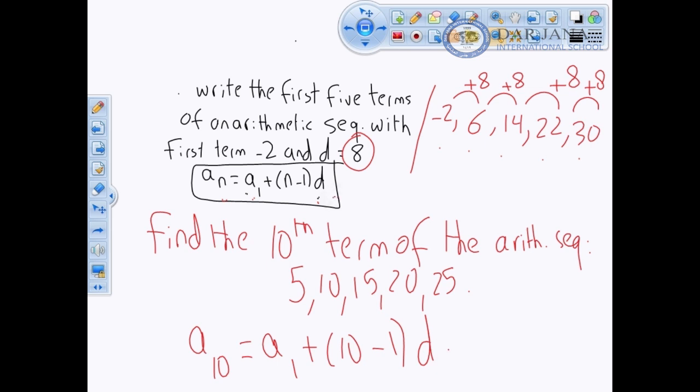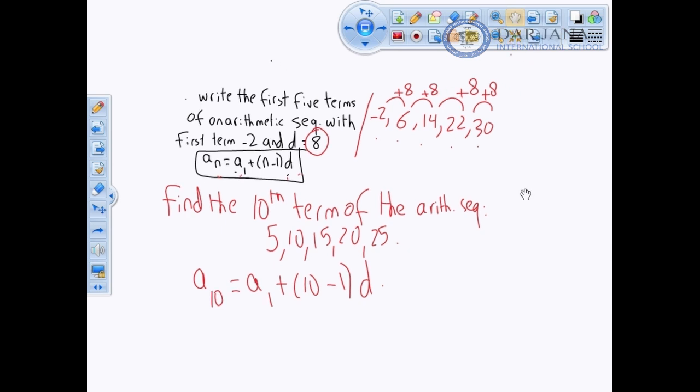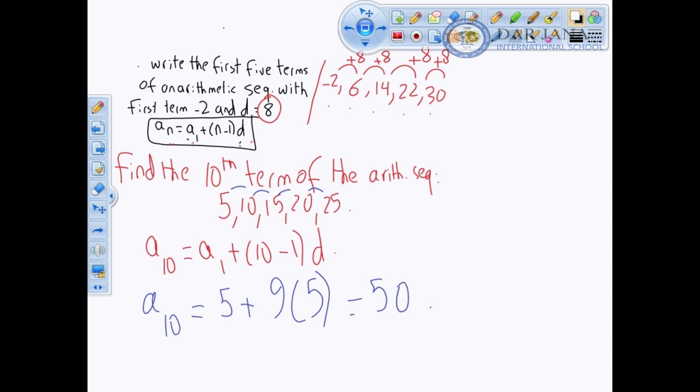We are applying this rule. A10 is equal first term, which is 5, plus 9 times also the common difference is 5, as we said before. From here, it's going to be 50. So here, the 10th term is 50.